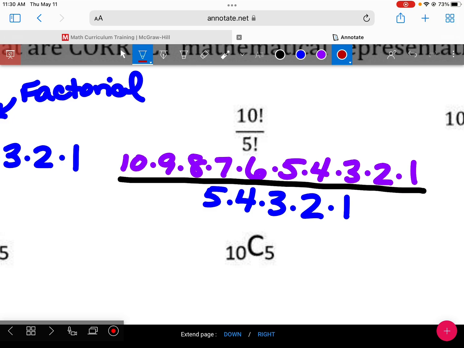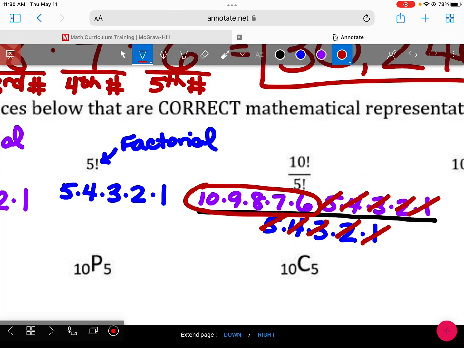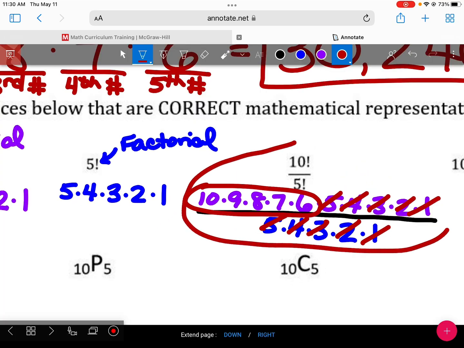Would any of those things cancel since I've got it set up as a fraction? 5, 4, 3, 2, and 1 will all cancel. And so I'm left with this. Is that what I did up here? So this right here would be a correct representation of what I did up above.